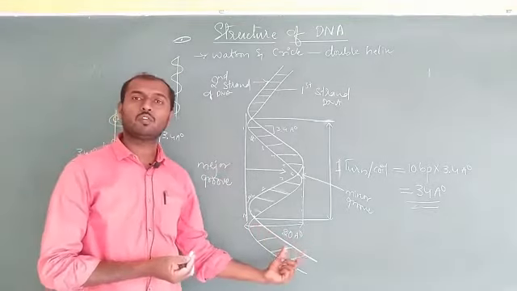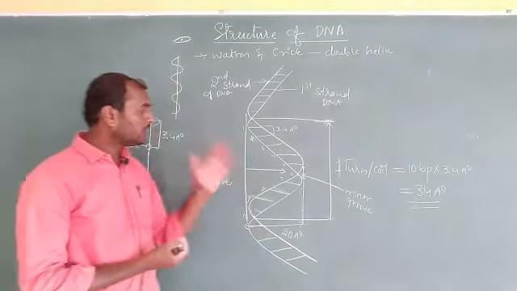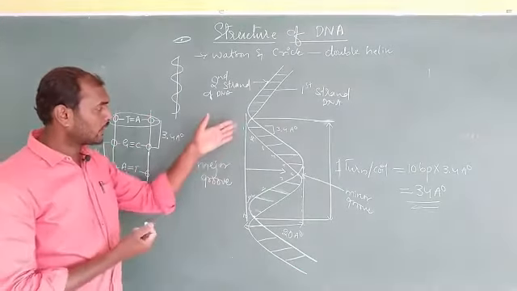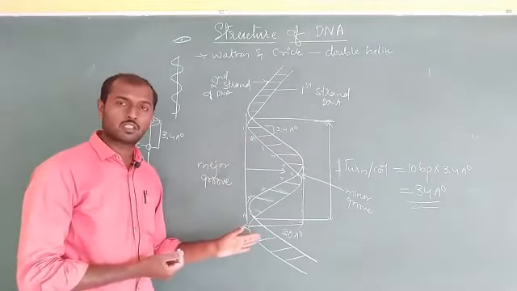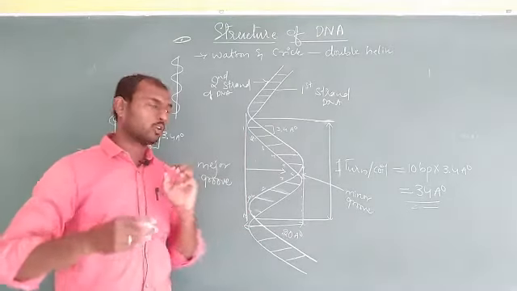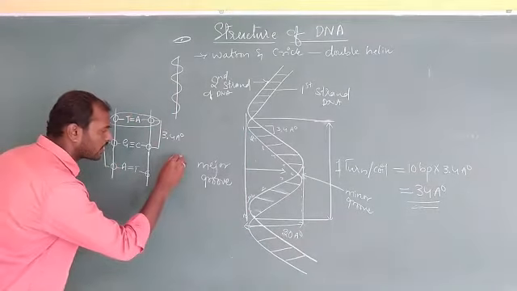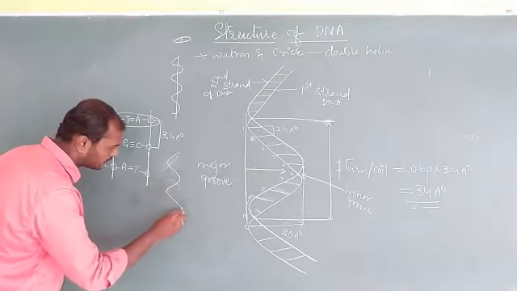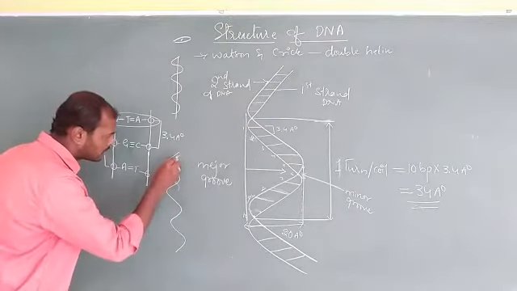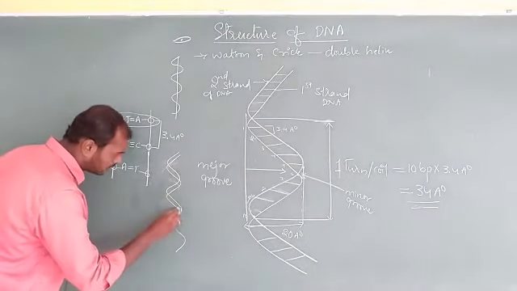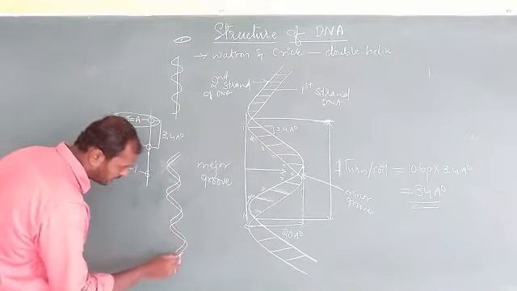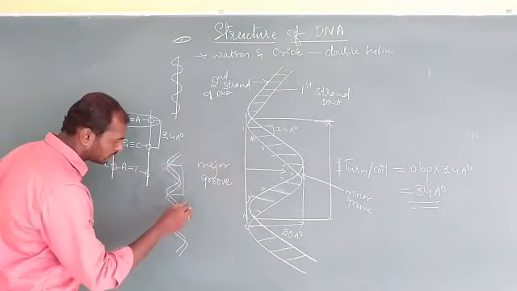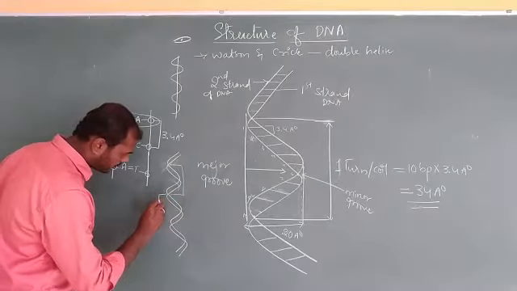Okay, this is actually the structure of DNA. What we can see are what we call turns. So DNA is coiled, so there is extra length here. For example, if I draw DNA like this, you are going to get many turns.